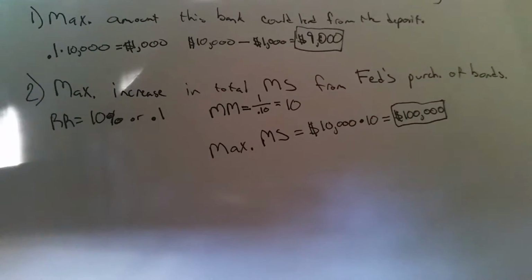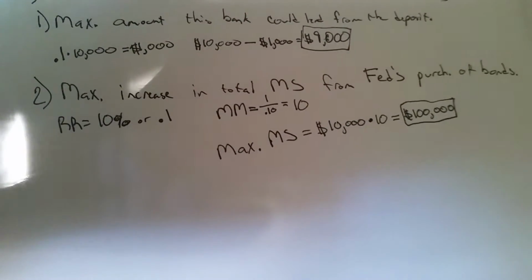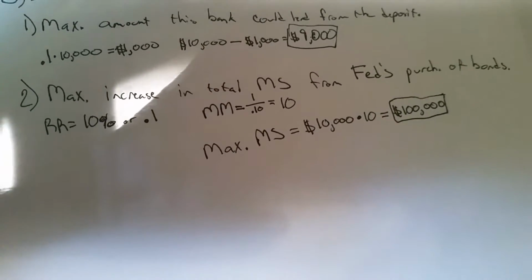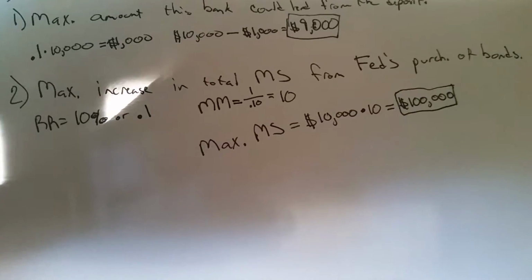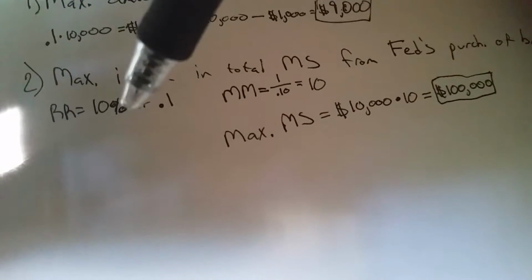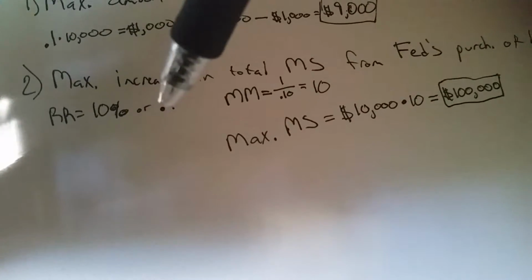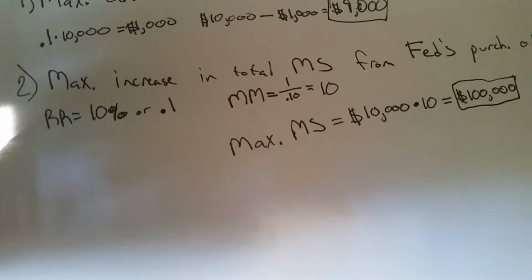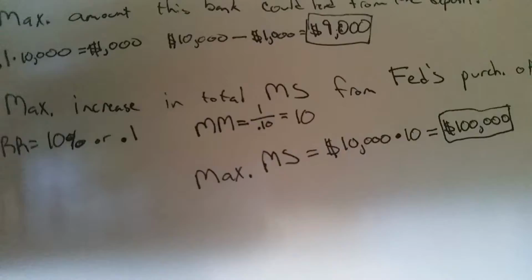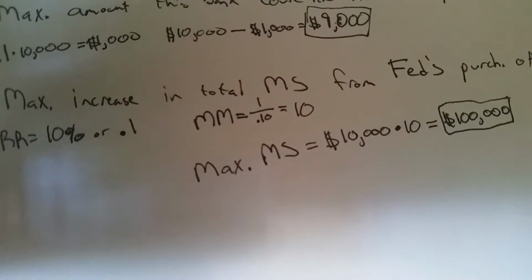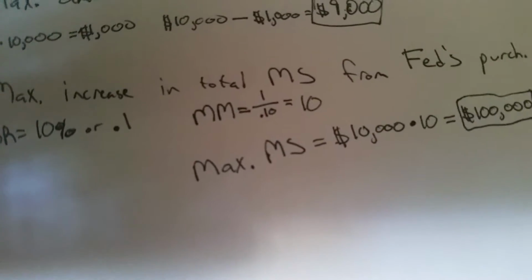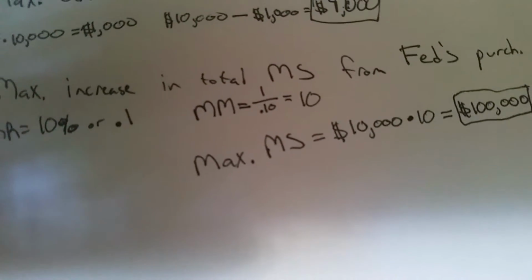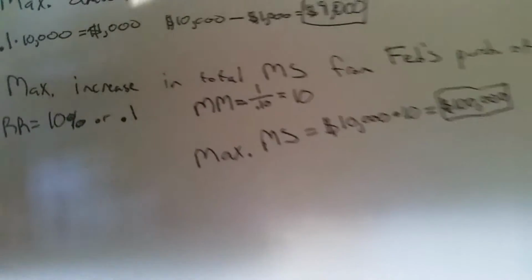All right, the second part of this problem asks what would be the max increase in the total money supply if the Federal Reserve purchases bonds. The reserve requirement ratio is still 10%, or 0.1. The money multiplier would be 1 divided by 0.1, which is equal to 10. And remember, your money multiplier is 1 divided by your RR.